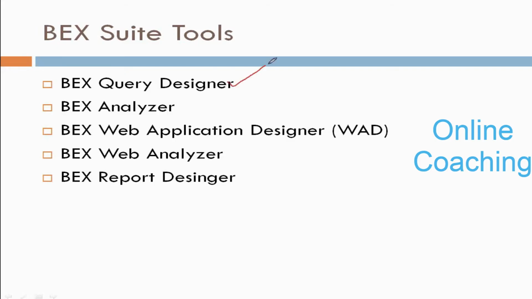When I design any query here, how do I view the query? I have two options, either browser or desktop analyzer. A desktop analyzer is Excel. Your Excel is also called BEX Analyzer. Or the browser, what is a browser?